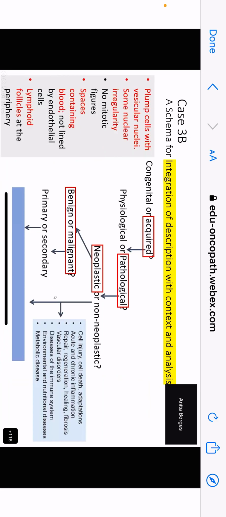It shows plump cells with vesicular nuclei, some nuclear irregularity, and no mitotic figures. So all of you think that it must be benign because everybody has said that it is hemangioma. There are spaces containing blood but not lined by endothelial cells. And there are lymphoid follicles at the periphery, and this is a nodular lesion.